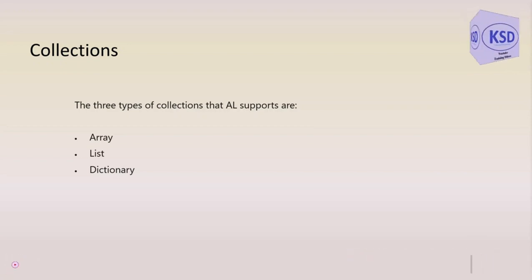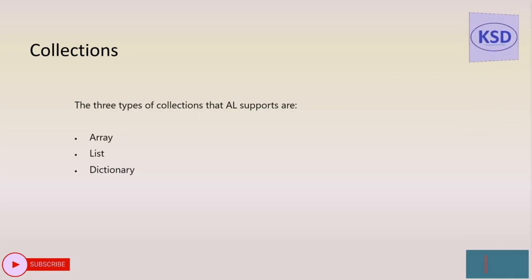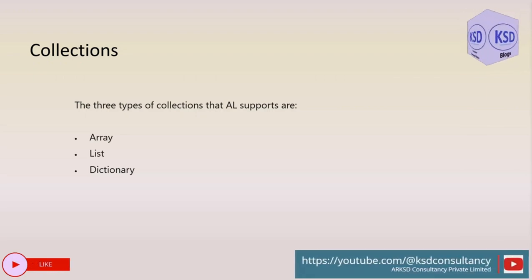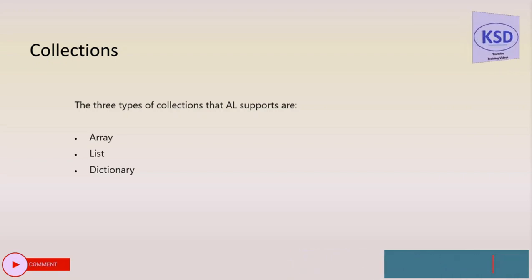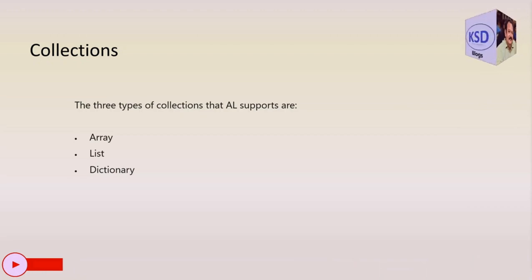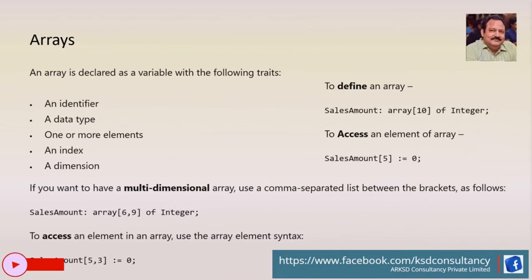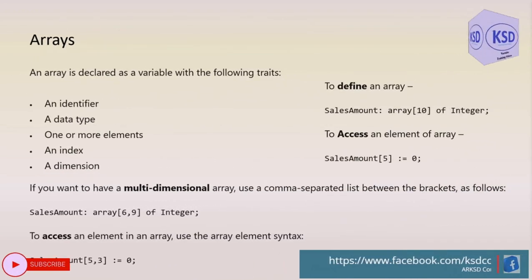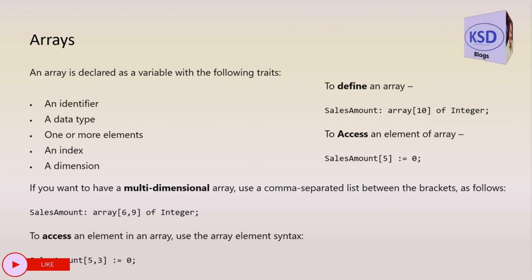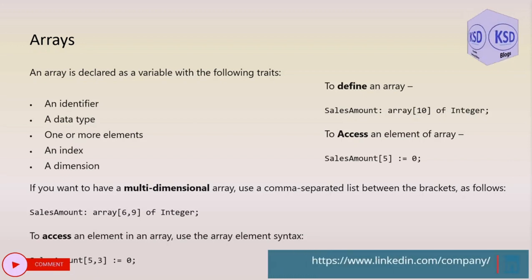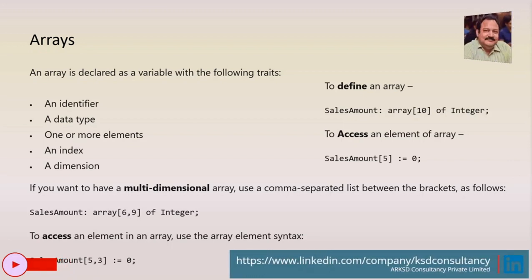So the 3 types of collections that are supported by AL are arrays, list, and dictionary. So let's have a quick look at these. Basically, arrays are complex variables that contain a group of values with the same data type.